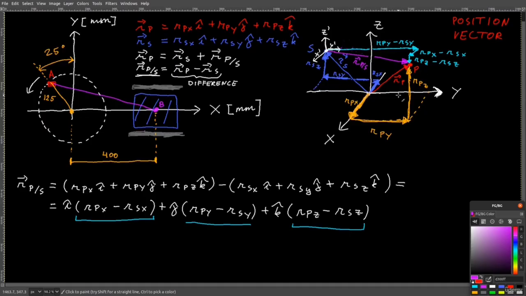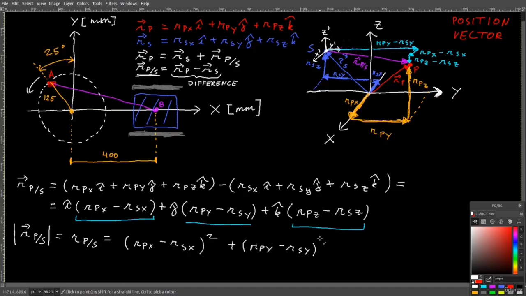And now what you can do, you can take your displacement vector and you can calculate its magnitude. So the magnitude of your displacement vector equals (rpx minus rsx) squared plus (rpy minus rsy) squared plus (rpz minus rsz) squared, and then I'm going to take all that to the power of 1/2, which is essentially taking the square root of everything here.